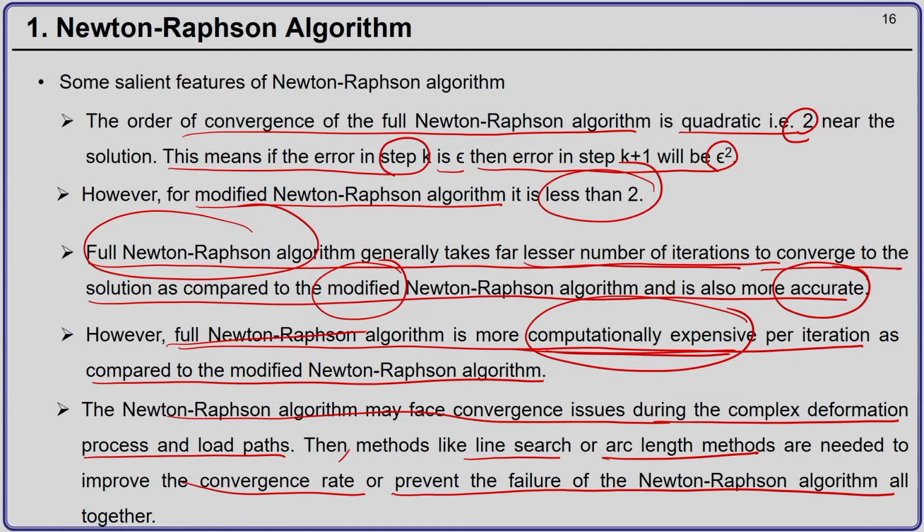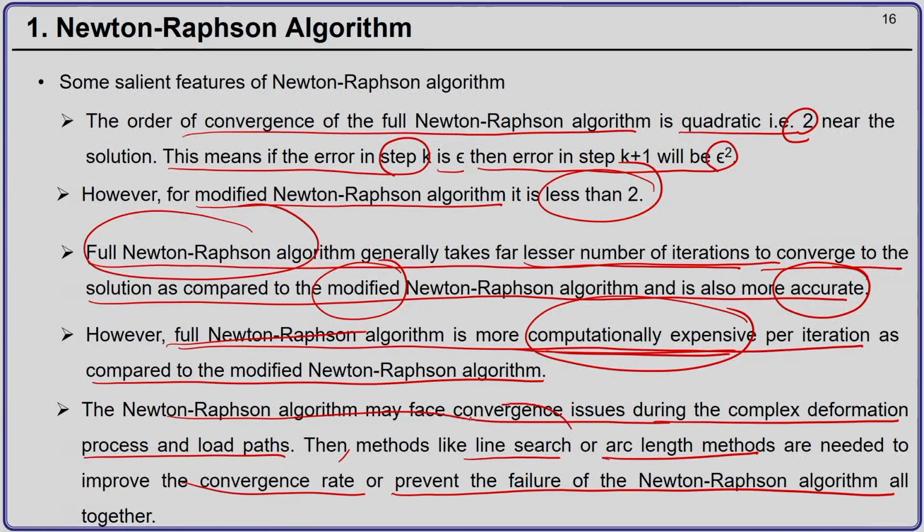So, in actual practical situations, you may have Newton-Raphson method behaving erratically, like it will diverge, which means the error instead of decreasing, it will increase, or because of a certain nature of the load displacement curve, the Newton-Raphson method may actually fail altogether. To prevent this, we have to use what is called the line search method or the arc length method. Okay. So, next we discuss what is the line search method.